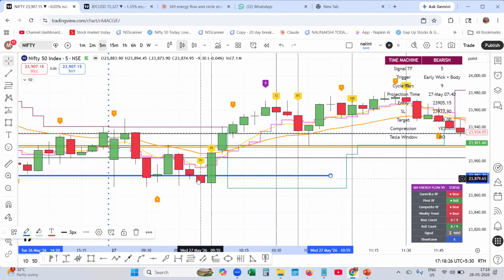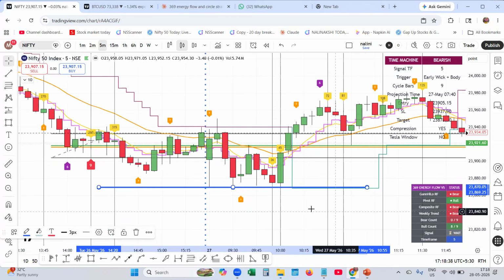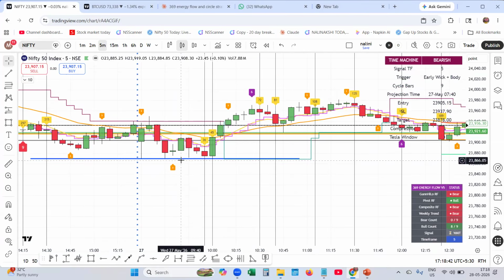This red candle was a trap, and 3 energy was building over here. Okay, 3 energy was built over here, and the market swept the low here. This energy, and then the 36 time slot came.